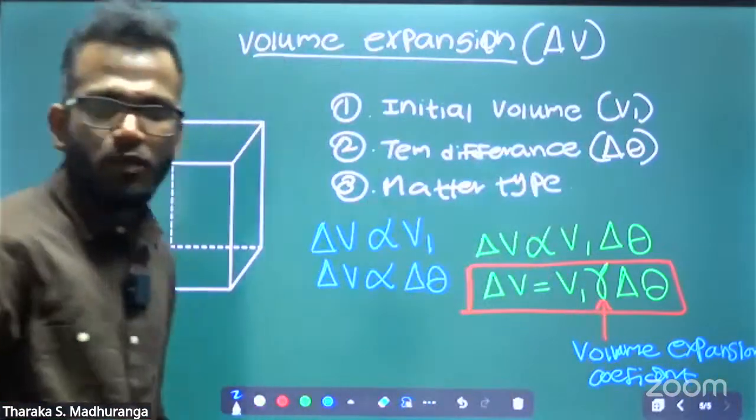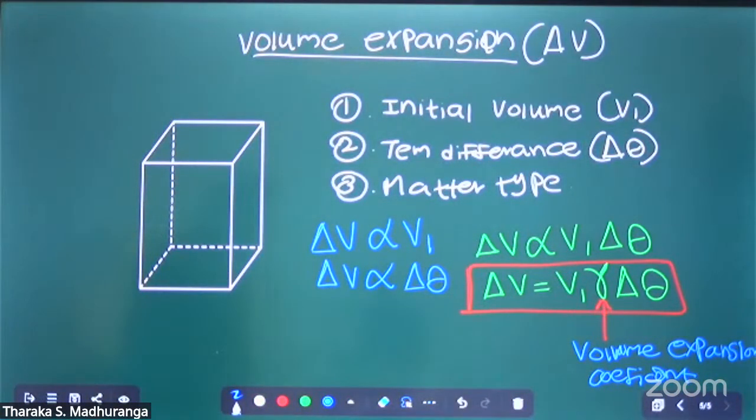Okay, quickly write down the note. Write down the topic, volume expansion. Write down the first point: when the temperature of any substance increases, the volume increases from three dimensions.